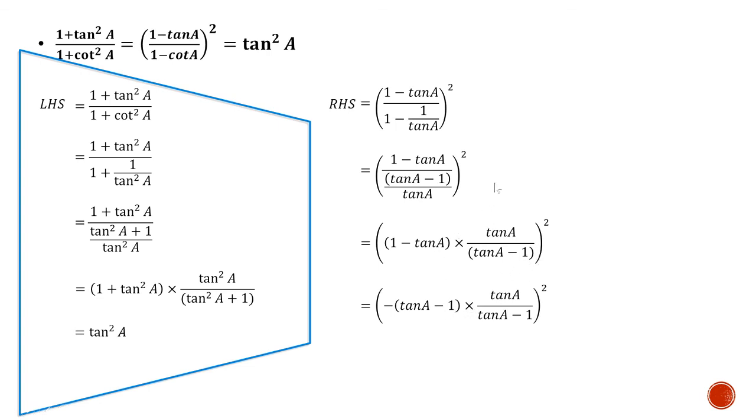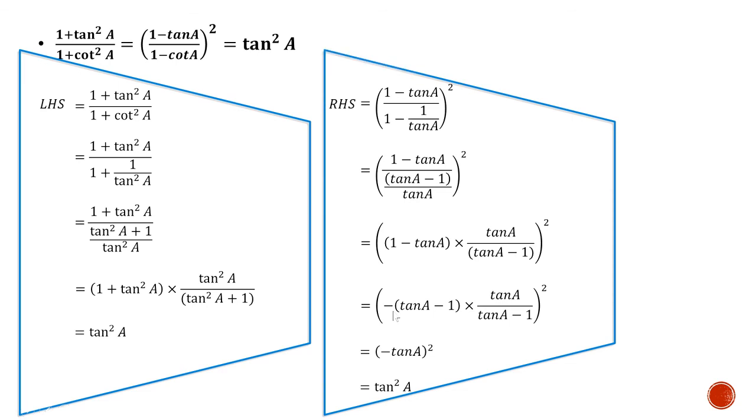That is why, to convert this 1 minus tan A in terms of tan A minus 1, we have to change the sign. So we are left with minus tan A whole square, and if we square them, this minus minus will be equal to plus, and tan A square is equal to tan square A. Once again, we got the right hand side equal to tan square A. Hence, our left hand side is equal to right hand side is equal to tan square A.